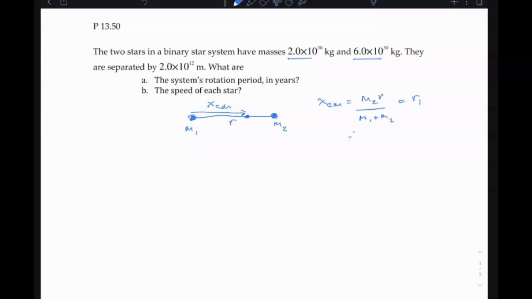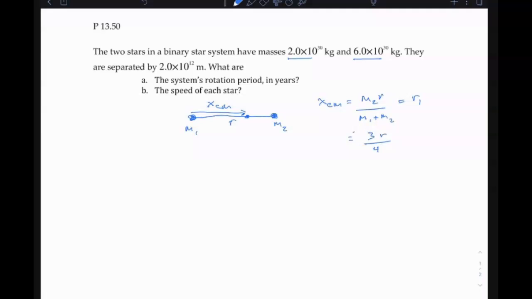Now, in this example, mass 2 is larger than mass 1 by a factor of 3 to 1. So we could put in, for mass 2, 3r, and then we can add 1 plus 3, or 4, in the denominator. So r1 is at a distance 3/4 r from the location of mass 1.